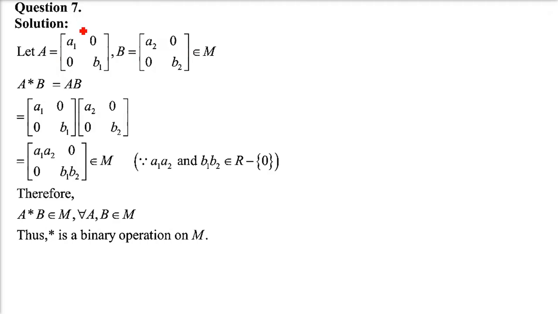Question number 7. Prove that the operation star on the set M, which is given like this. Now you can call it a determinant, you can call it a matrix. It doesn't matter because we have to do the matrix multiplication ultimately. It is defined by [a 0; 0 b]. These are the matrix elements, and a and b belong to R, real numbers. a and b should be real numbers, but it should not be 0.